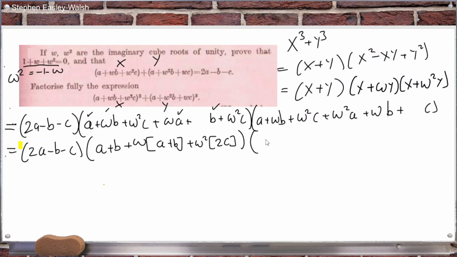And then here, how many non-omegas? A plus c. How many omegas? B plus b, 2b. And how many omega squareds? A plus c. A plus c. All right.